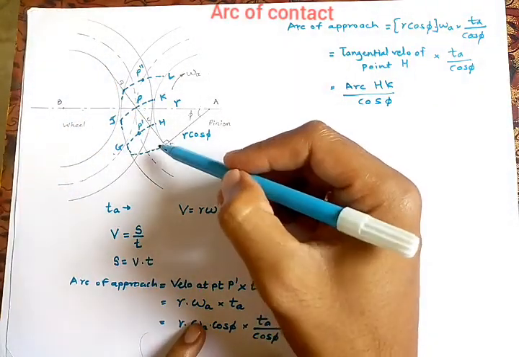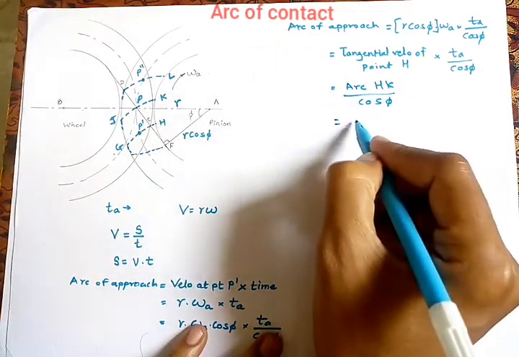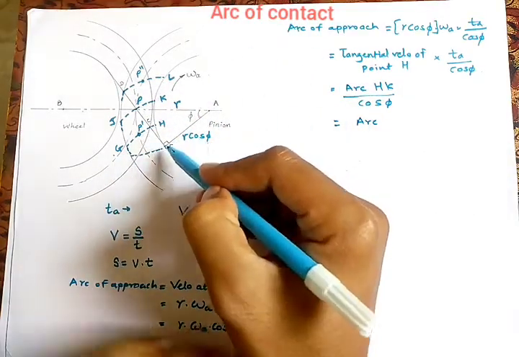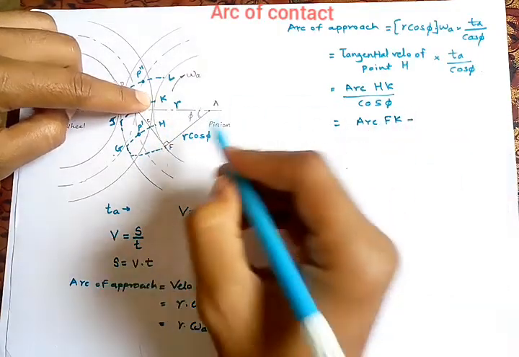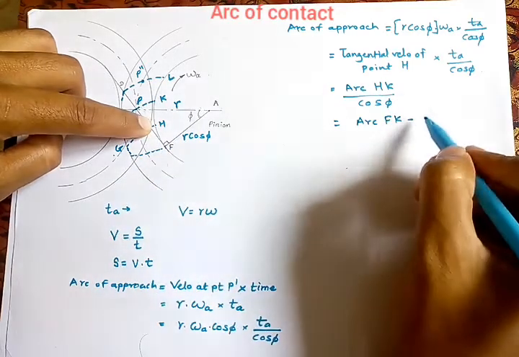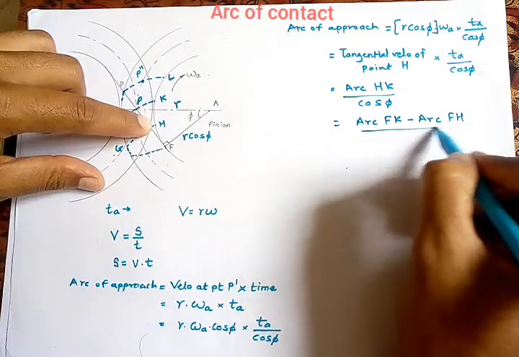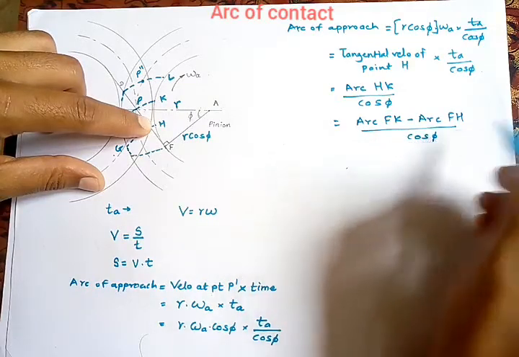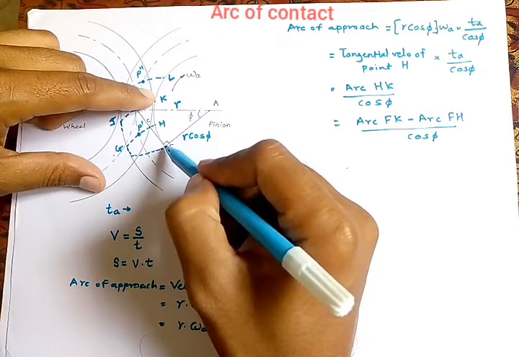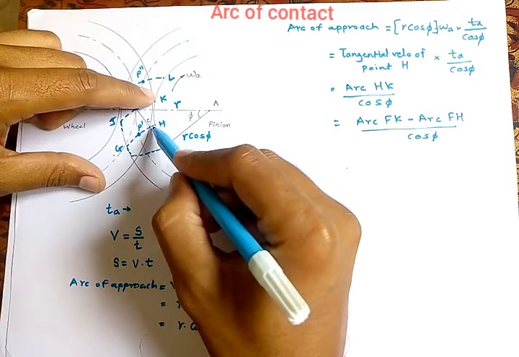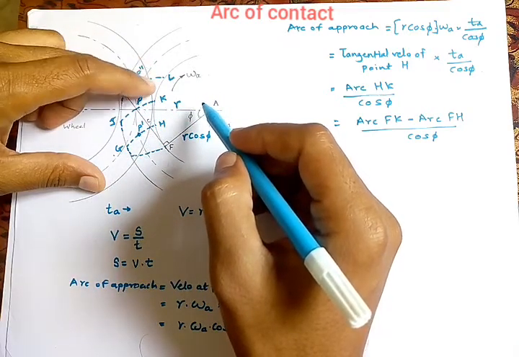So I will rewrite this arc HK as arc FK minus arc FH, divided by cos phi. So arc FK minus arc FH, we will get arc HK. The profile used in this case is involute.